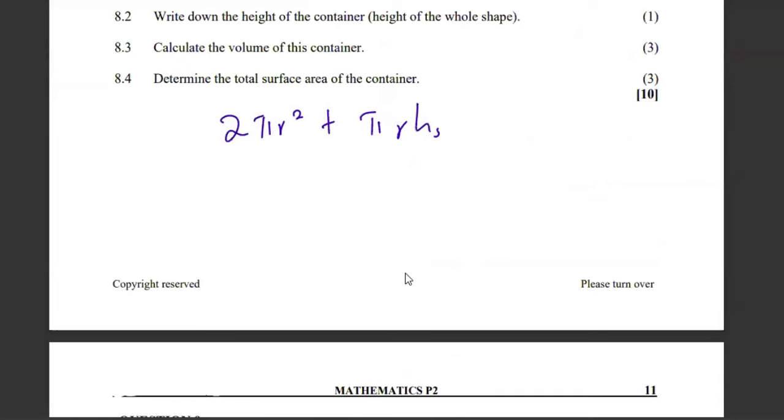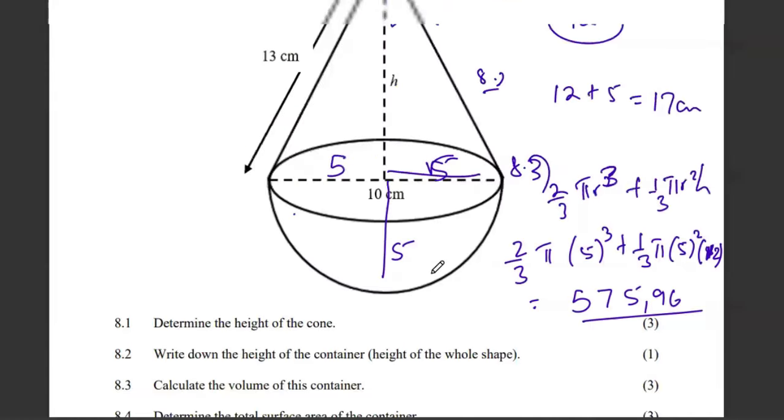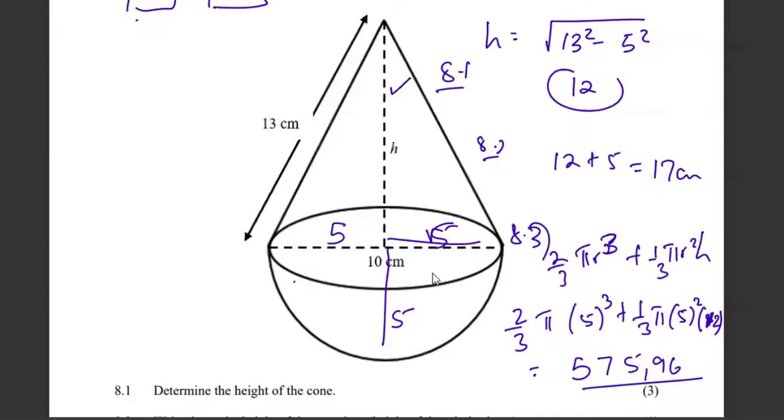It's going to be 2 pi, the radius is 5, plus pi, the radius is 5, multiplied by the slant height, which is 13. Because remember, we're looking at this as a cone, because it's a conical shape.